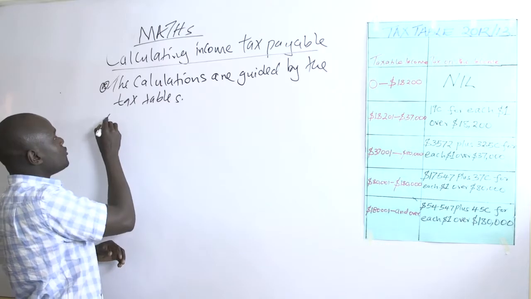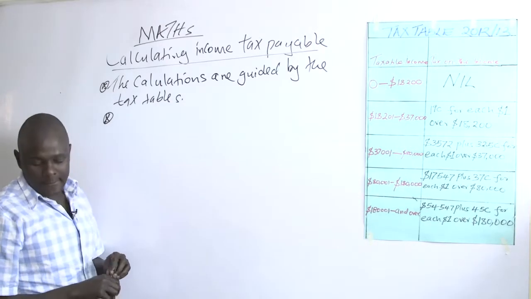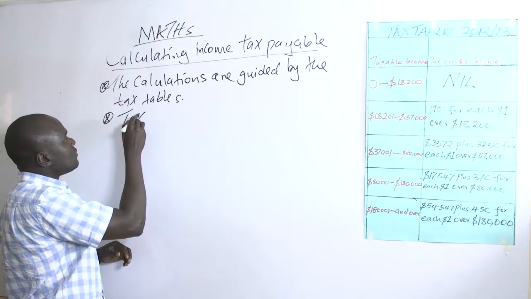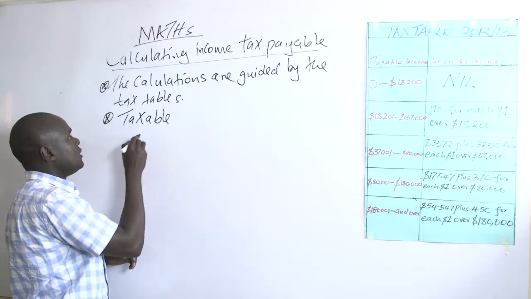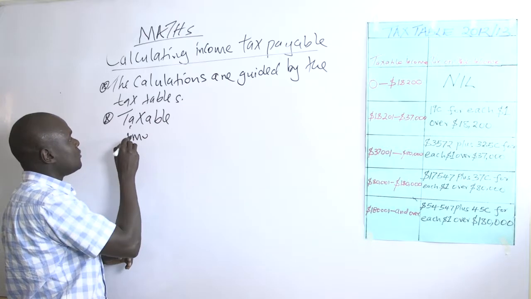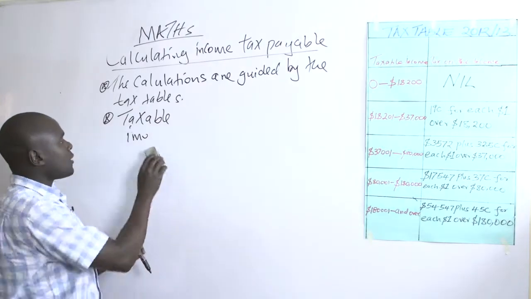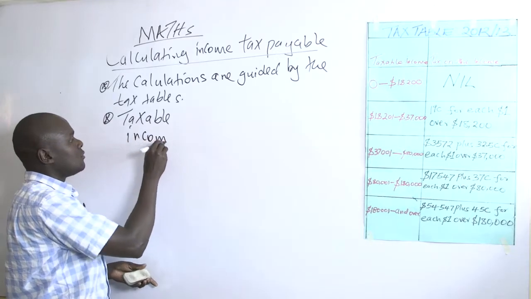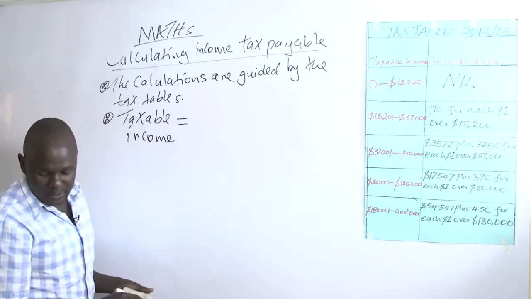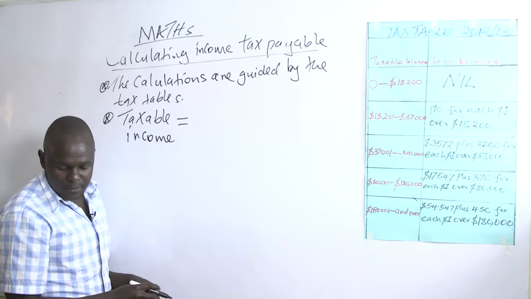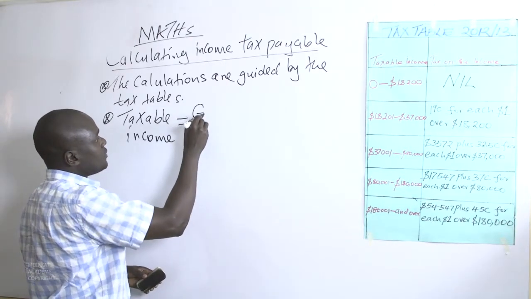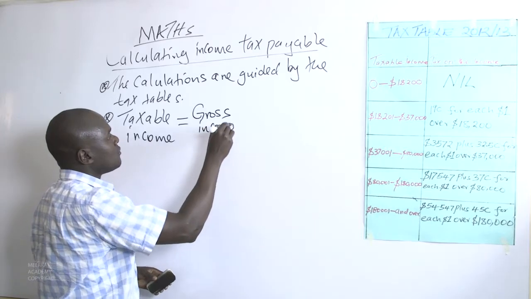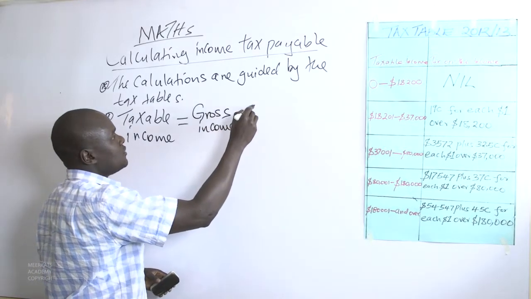And we ought to remember that to calculate the taxable income, this is basically the difference between gross income and the deductions.